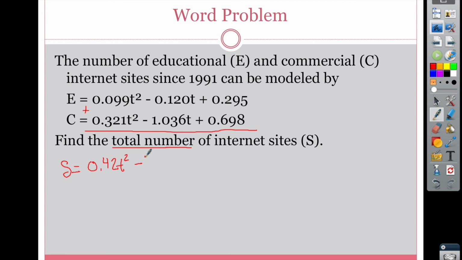That would be 0.42t to the second. And then we will add 0.120t minus 1.036t, giving me negative 1.156t. Then we'd add our constant, 0.295 plus 0.968, giving me 1.263. So S equals 0.42t to the second minus 1.156t plus 1.263.